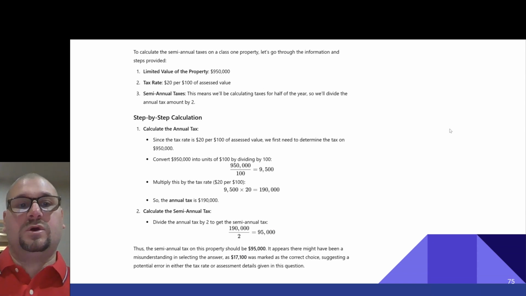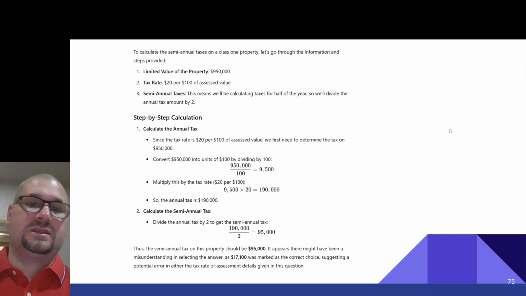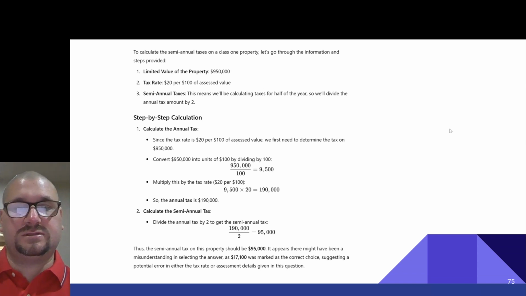The limited value of the property is $950,000. Divide it by 100, so you get $9,500. Multiply this by the tax rate, $20 over 100, and you get $190,000. That's the annual taxes. You want the semi-annual, so you divide it by 2, and you get $95,000.